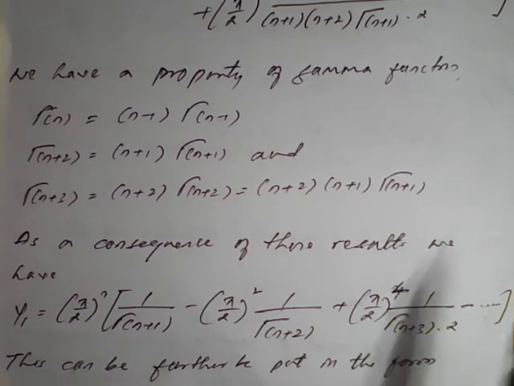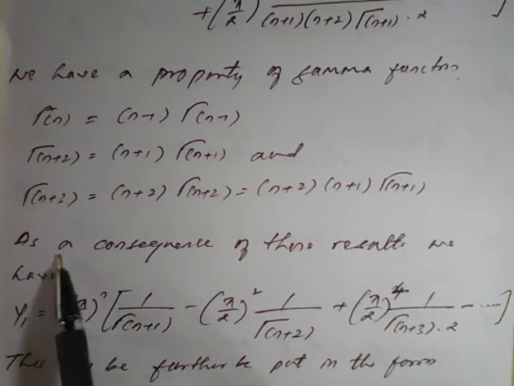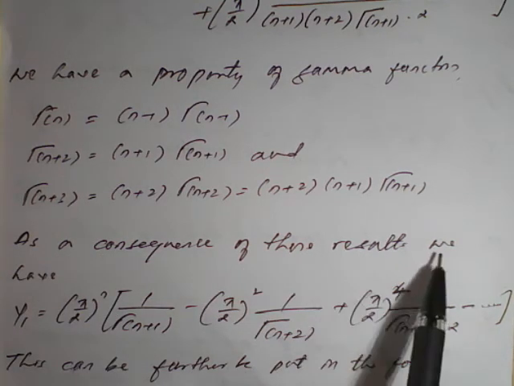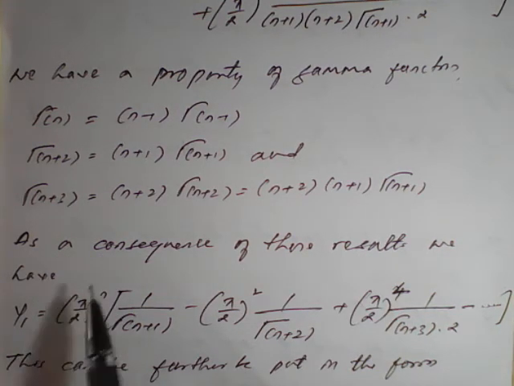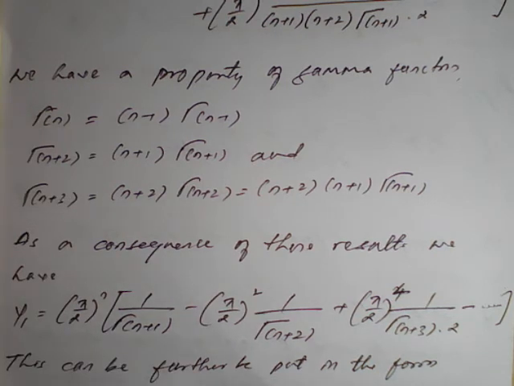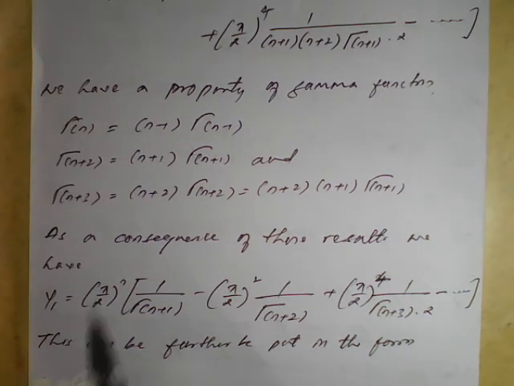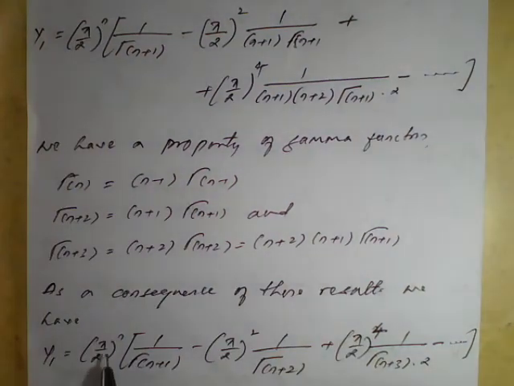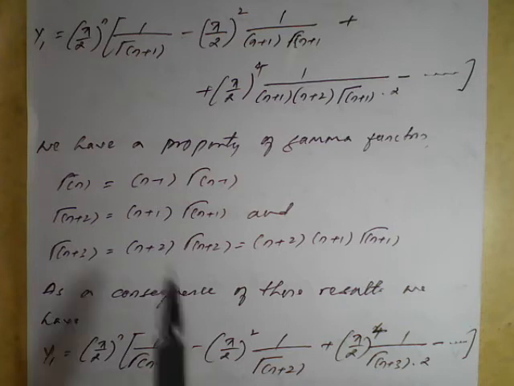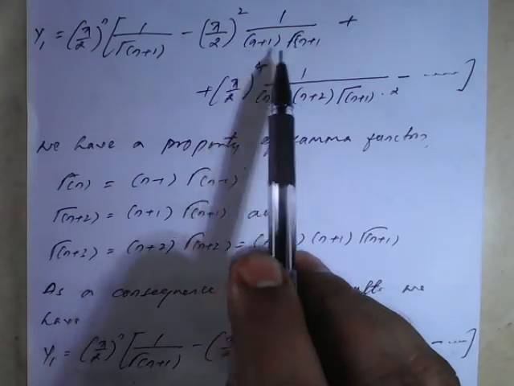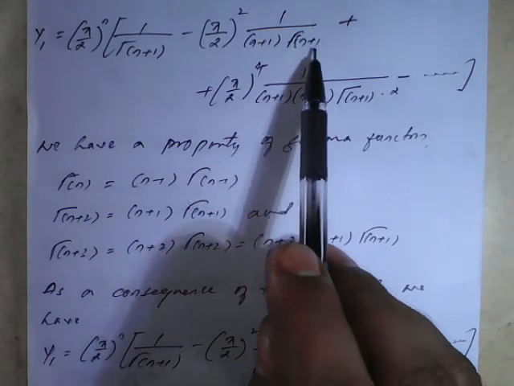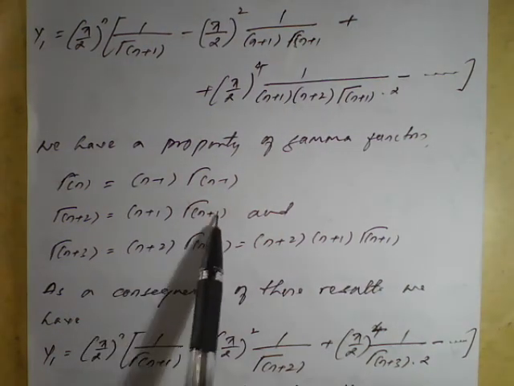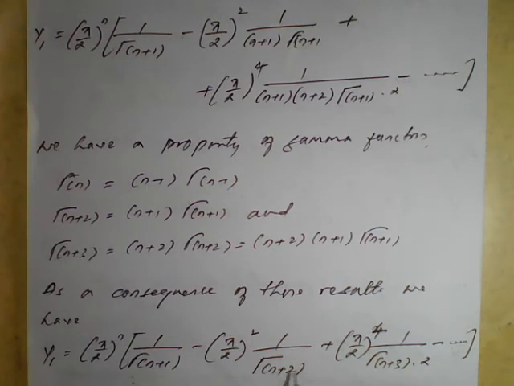Now we'll apply these values. As a consequence of these results, y1 will be x raised to n, so (x/2)^n as it is, 1 upon gamma of n+1 as it is, minus (x/2)^2 as it is. So (n+1) into gamma of n+1 is nothing but gamma of n+2, we'll replace it.